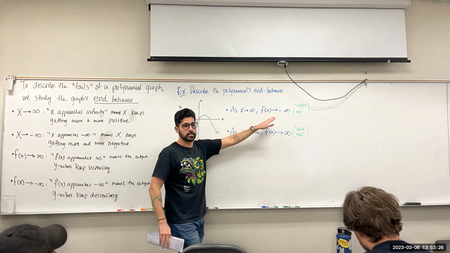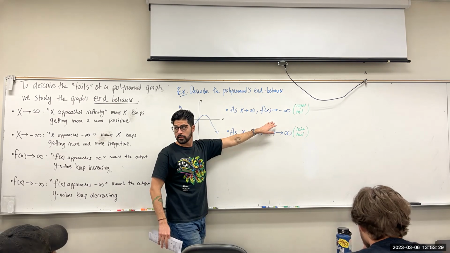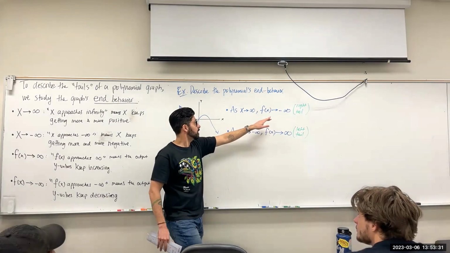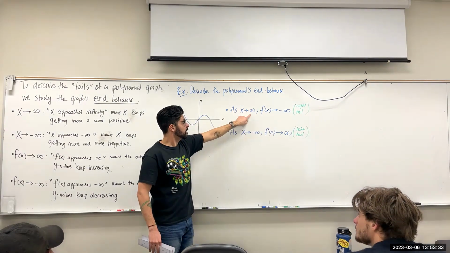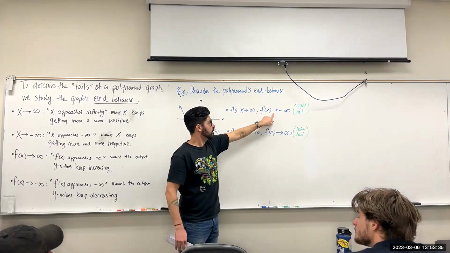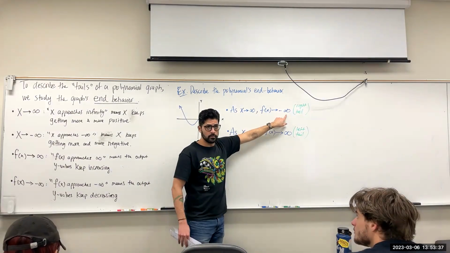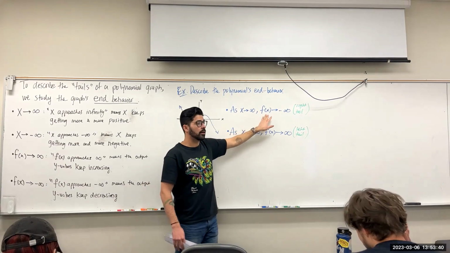So this is a math sentence. The way you read it is, as x approaches positive infinity, the output values are approaching negative infinity. Or as x keeps getting bigger, the y values are decreasing.